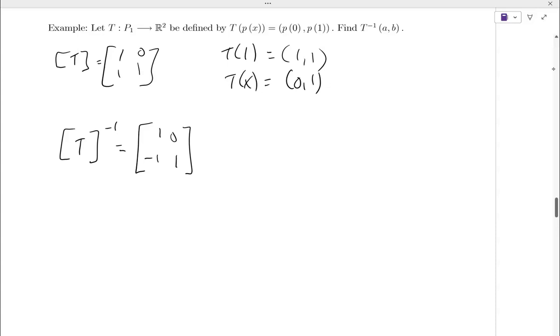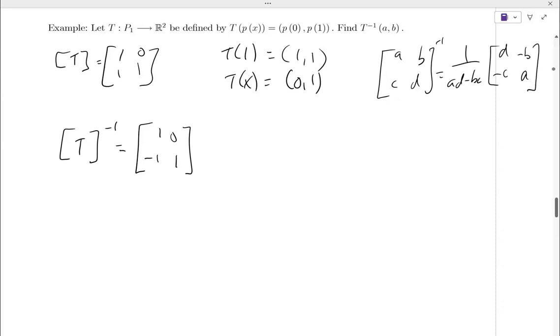You can use your calculator, or remember that if you've got a 2x2 matrix, it's 1 over the determinant, and then you flip the main diagonal and negate the off diagonal.